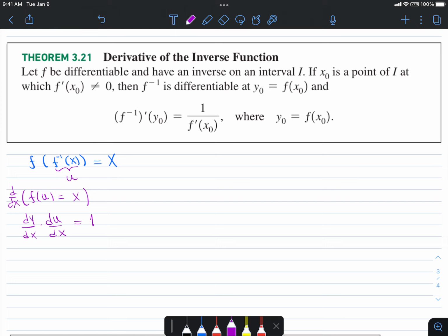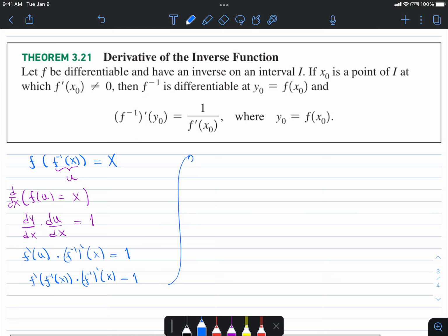So what is dy dx? It is the derivative of f, so f prime of u. What is du dx? That's the derivative of f inverse, so f inverse prime of x, which is what I want to know. Now f prime of u, remember what u was, so f prime of f inverse of x times f inverse prime of x is 1.